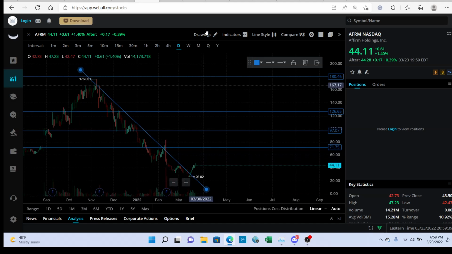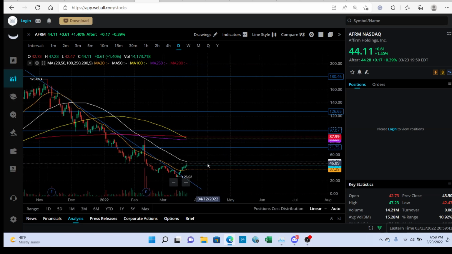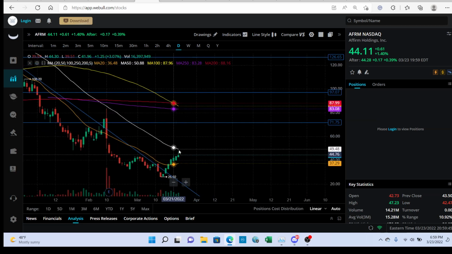Got this little breakout right here, but I'm going to introduce the moving averages so you can see a little better. So right now we're not quite at the 50-day moving average. We're above the 20-day moving average. This 20-day moving average is curling up, but we could potentially get rejected at the 50-day moving average.